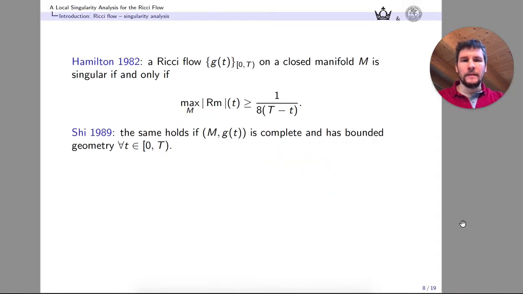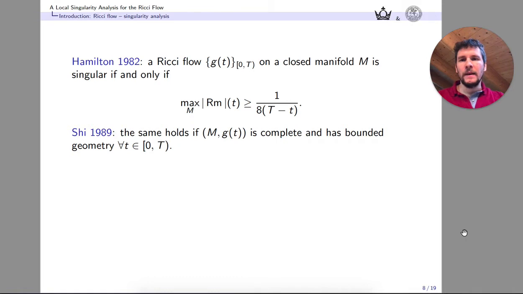Hamilton has shown that we always have a curvature blow-up on a closed manifold if we encounter a singular time. So meaning we can continue the flow smoothly unless the maximum of the norm of Riemann blows up, and it blows up at a specific rate, which is a constant 1/8 times 1 over the remaining time to the singular time.